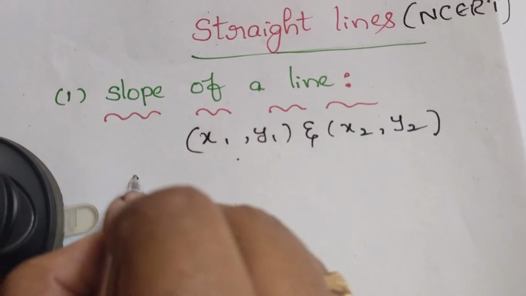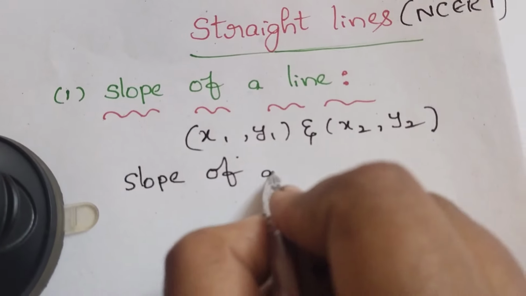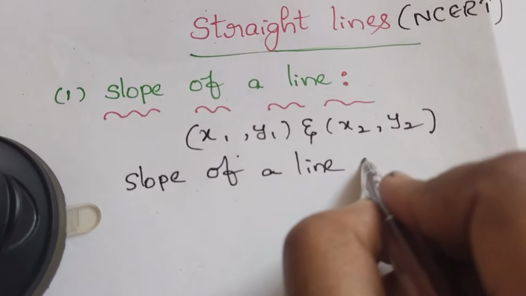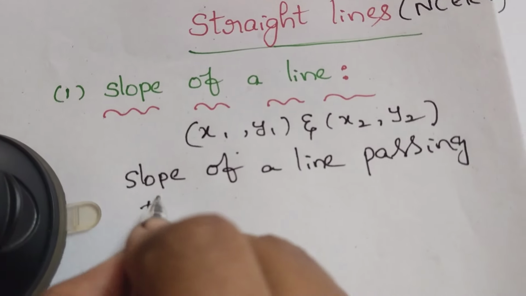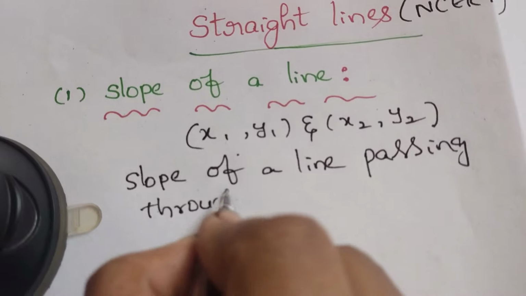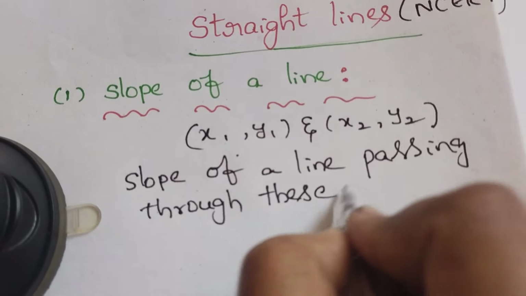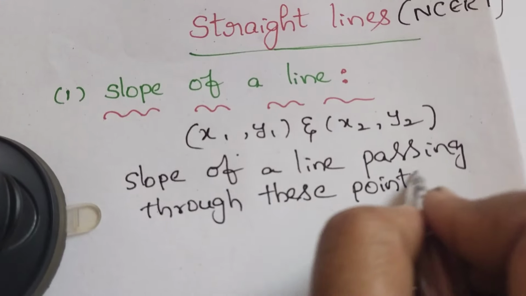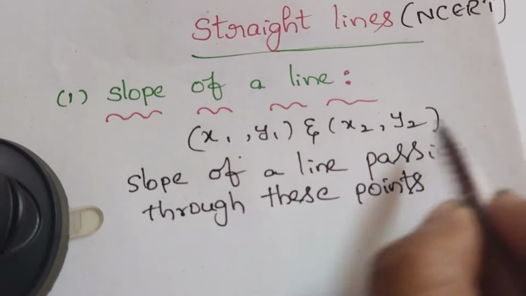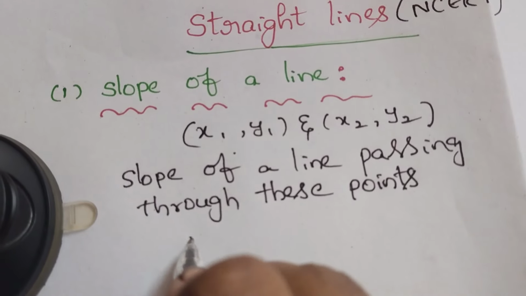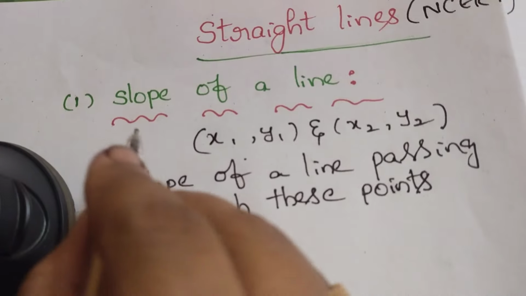So we want the slope of a line passing through these points. The formula for this is m, where m represents slope.